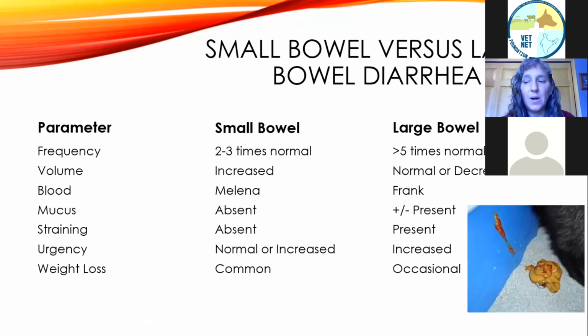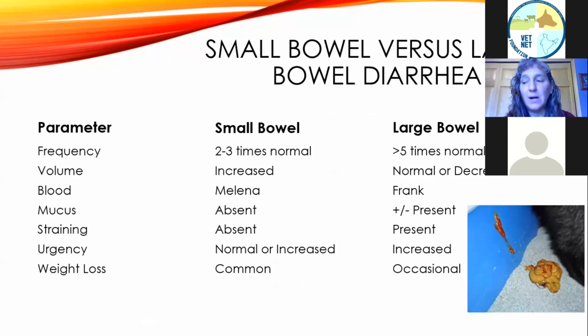Distinguishing between small bowel and large bowel diarrhea can help direct the diagnostics that we want to perform next. In small bowel diarrhea, the patient may have a mild increase in the frequency of bowel movements, but the volume each time is increased.